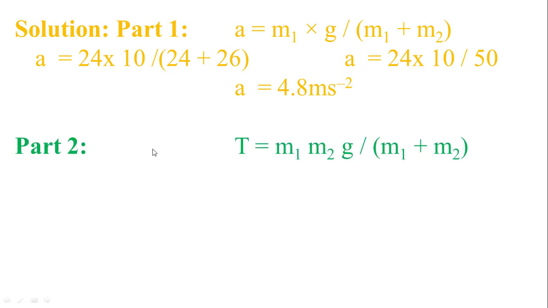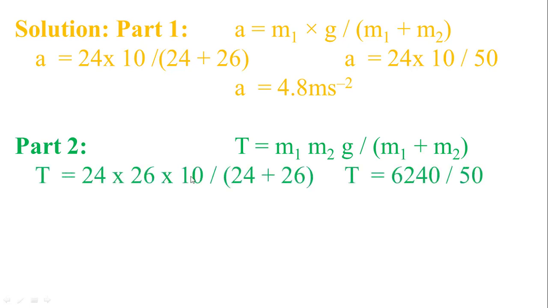Similarly, in part 2, we can find the tension T is equal to m1 m2 g upon (m1 plus m2). Putting the values, T is equal to 24 multiplied by 26 multiplied by 10 upon 24 plus 26. So 24 multiplied by 26 multiplied by 10 is equal to 6240, and 24 plus 26 is equal to 50.